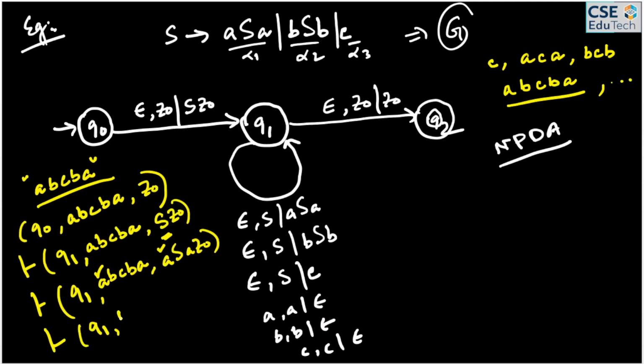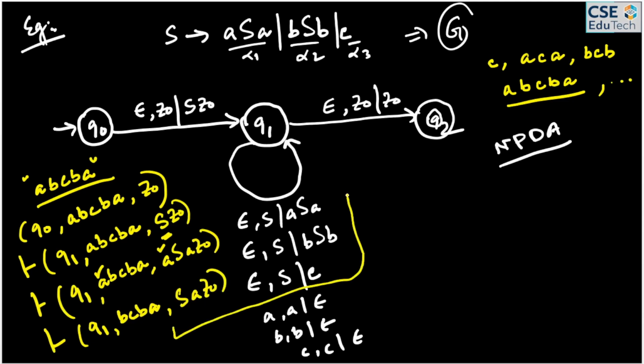So Q1, now bcba, and SAZ0. Next, as the first symbol is b, S will be replaced by BSB, and A and Z0 are also there.